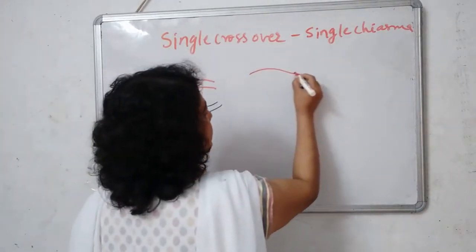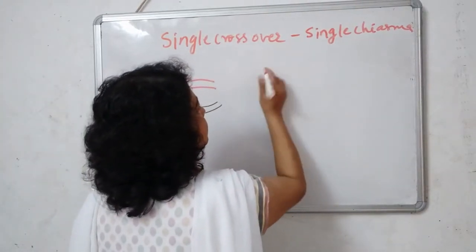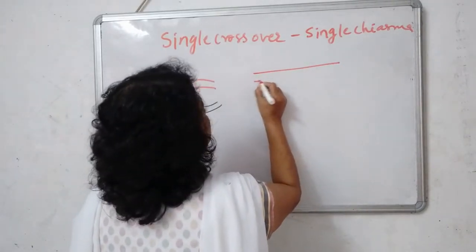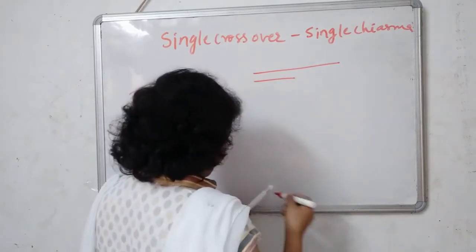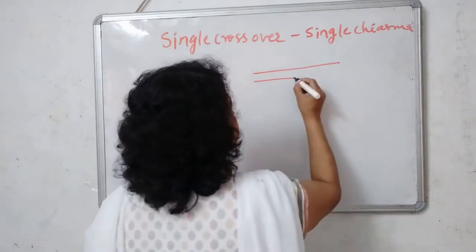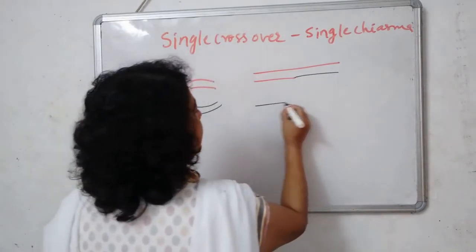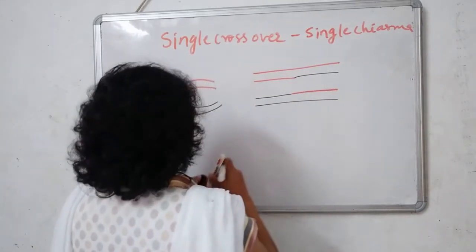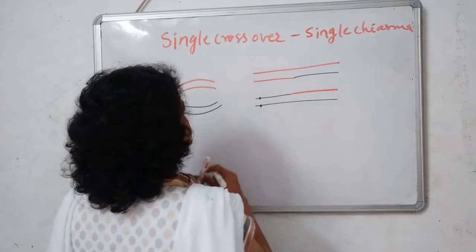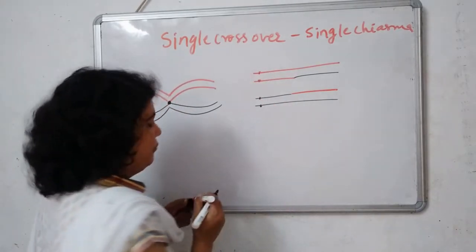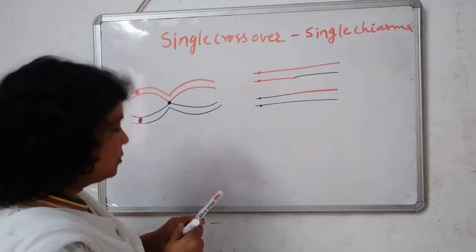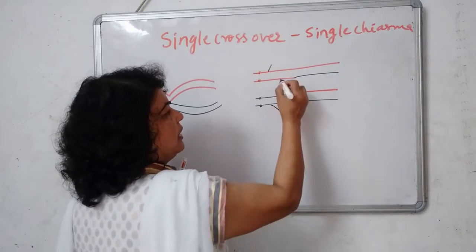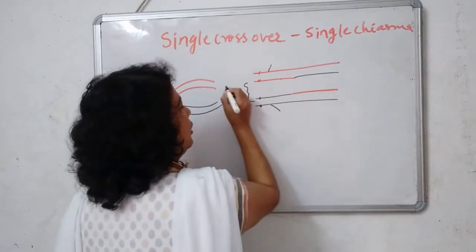The resultants: four types of chromosomes are produced, where these two are parental, and these two central ones are the genetic recombinants.